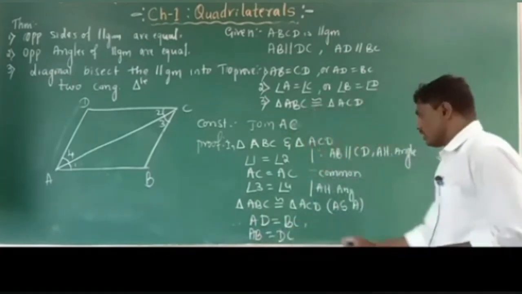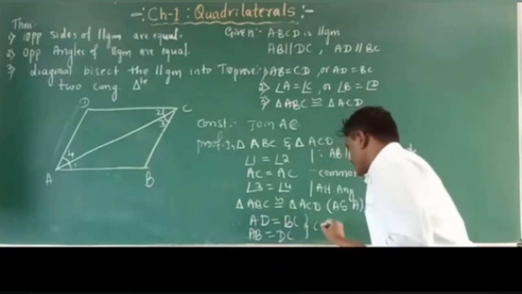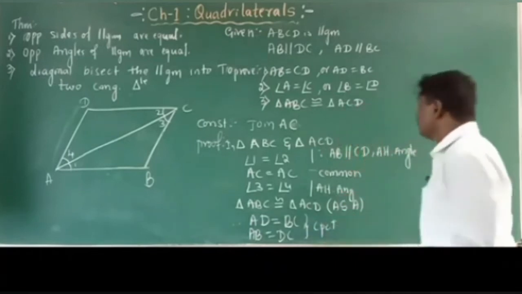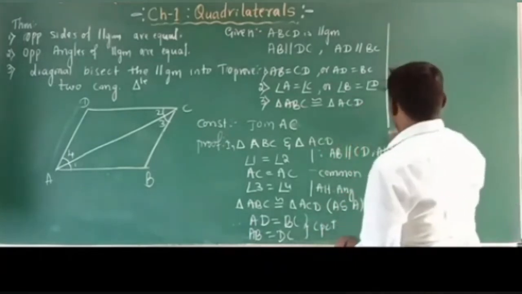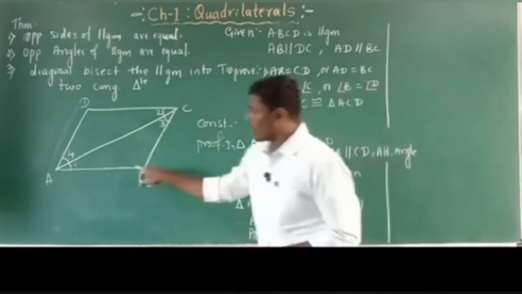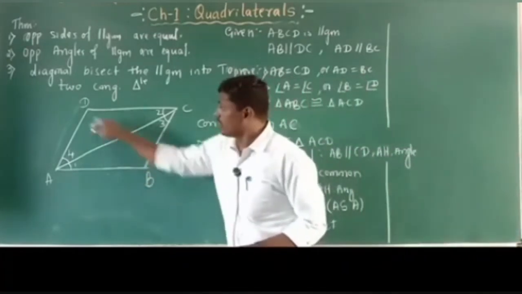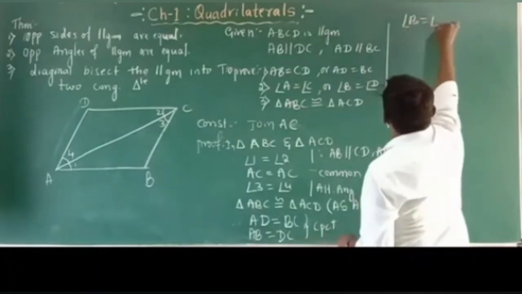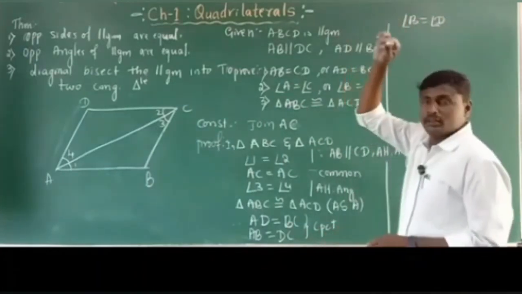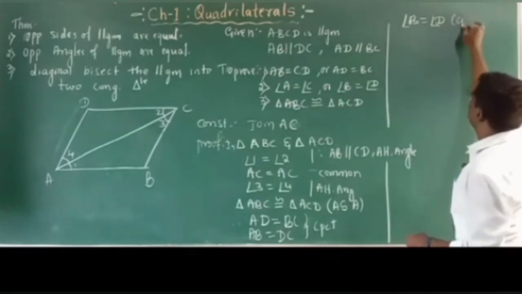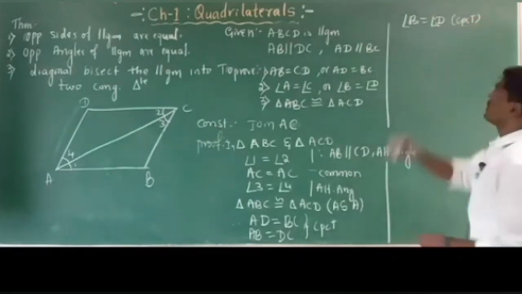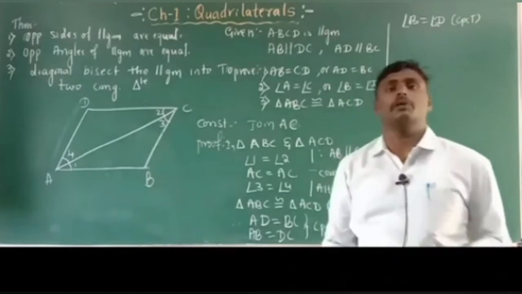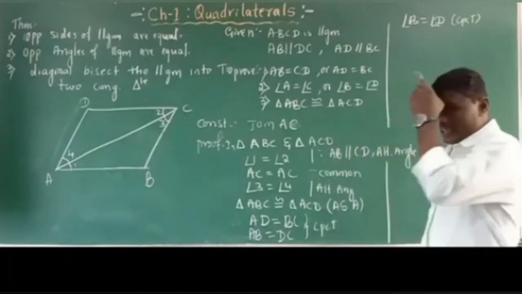Next, by using CPCT we easily get one angle here: angle B is equal to angle D. This is also by using CPCT, the corresponding parts of the congruent triangles.